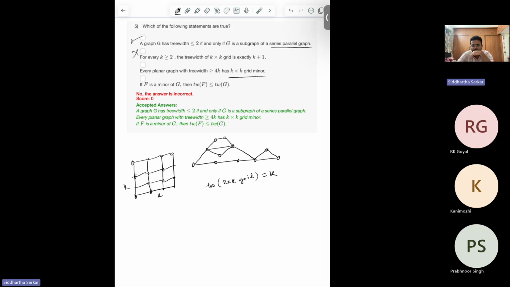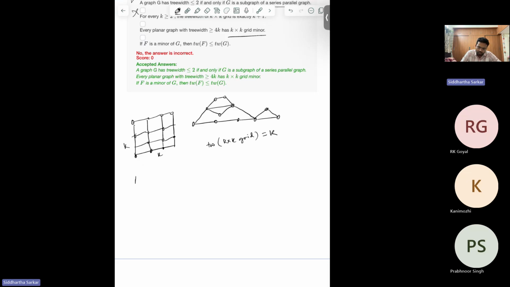So let's talk about the minor thing first. I'll define this. In graph theory, a minor of a graph G is another graph H that can be formed from G by a series of specific operations.